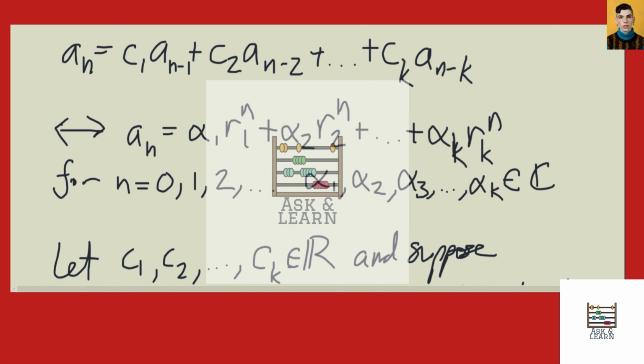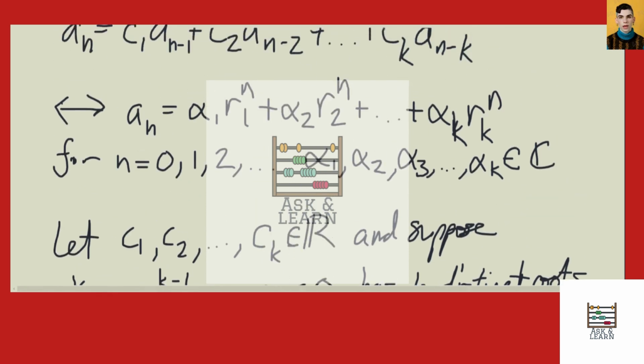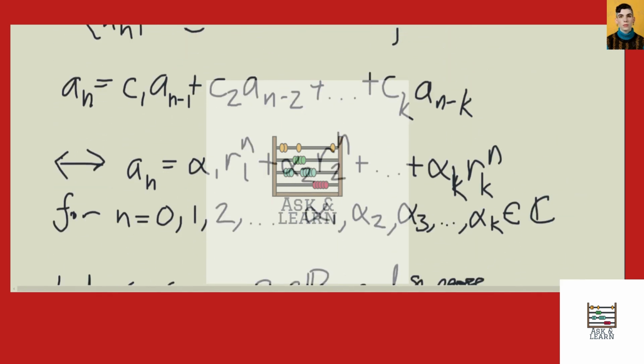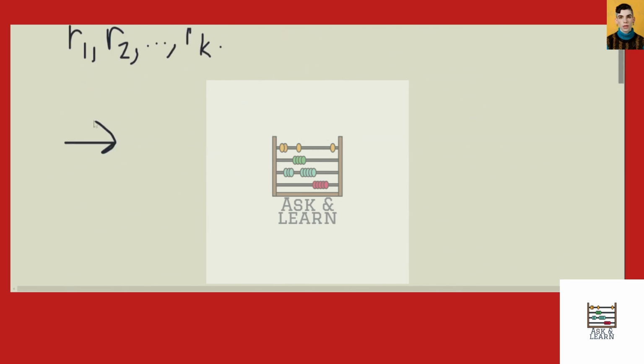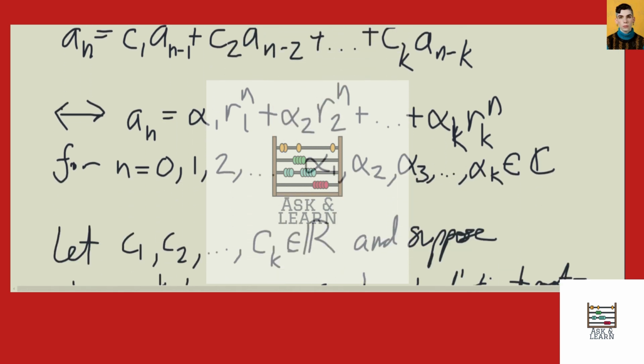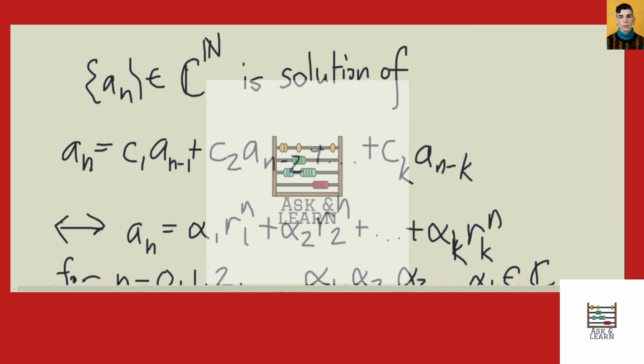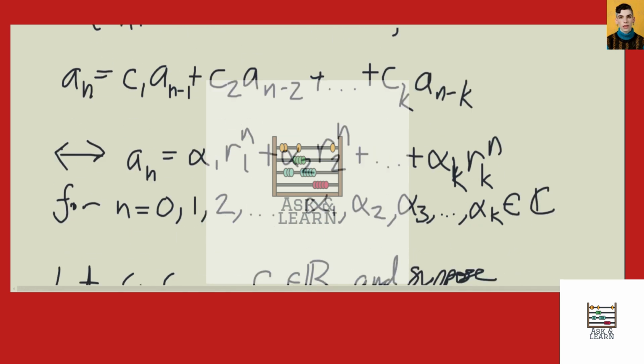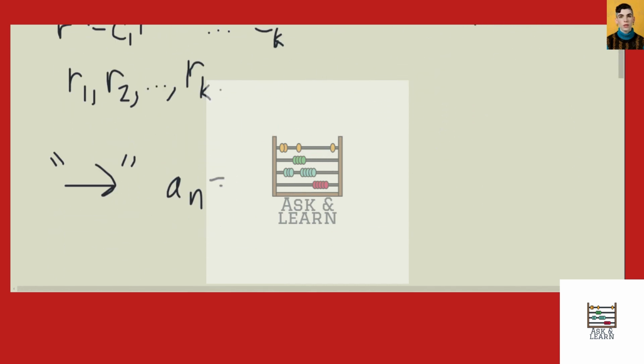So first, suppose that this sequence is a solution. So we have that since the sequence is a solution, an is equal to alpha 1 r1 to the n, alpha 2 r2 to the n, all the way to alpha k rk to the n.